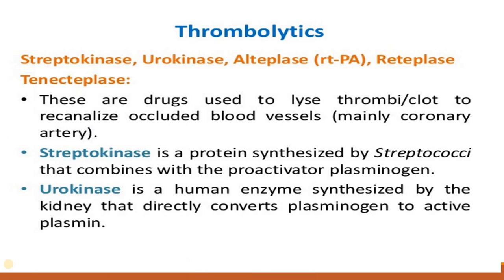Next is thrombolytics. These are used to lyse thrombi and clots to recanalize occluded blood vessels, mainly the coronary artery. Whenever the coronary artery is occluded, at that time urokinase, alteplase, and reteplase are helpful, namely in coronary artery disease.